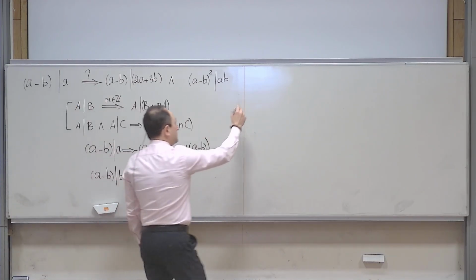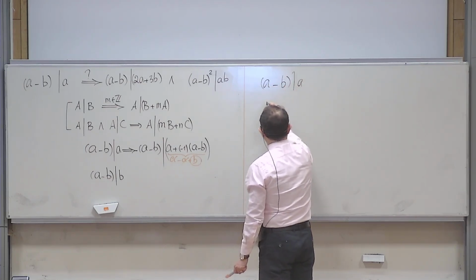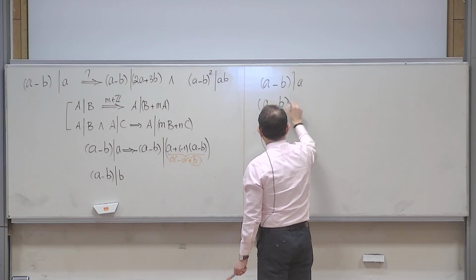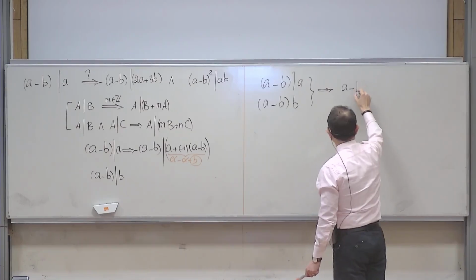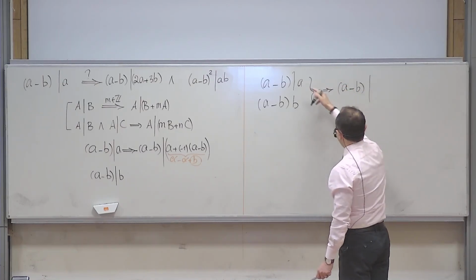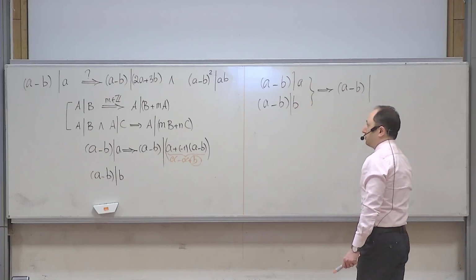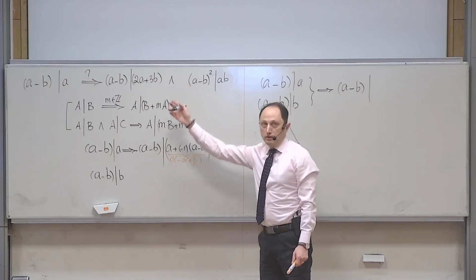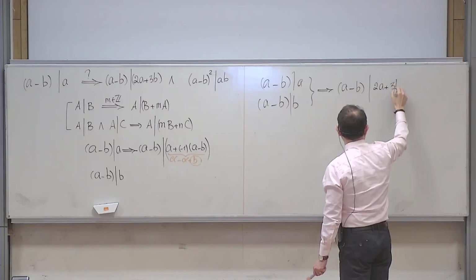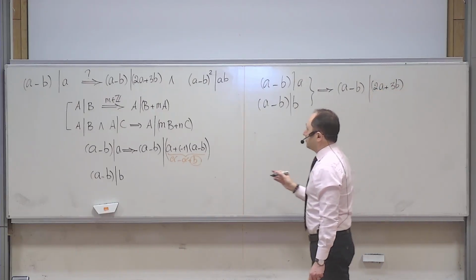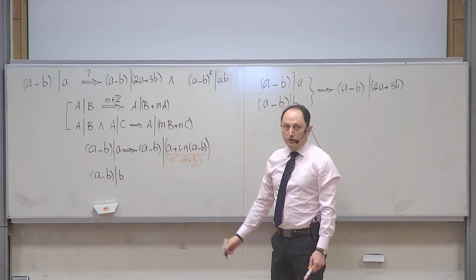So if a minus b divides a, and a minus b divides b, I can conclude that a minus b indeed divides any linear combination of these two numbers, including the one given in the problem. That gives me the proof of the first one.